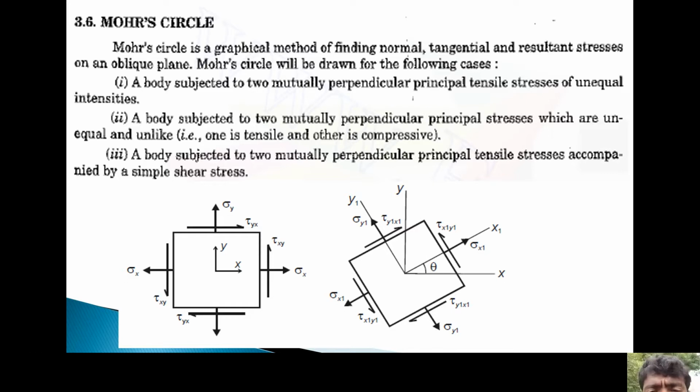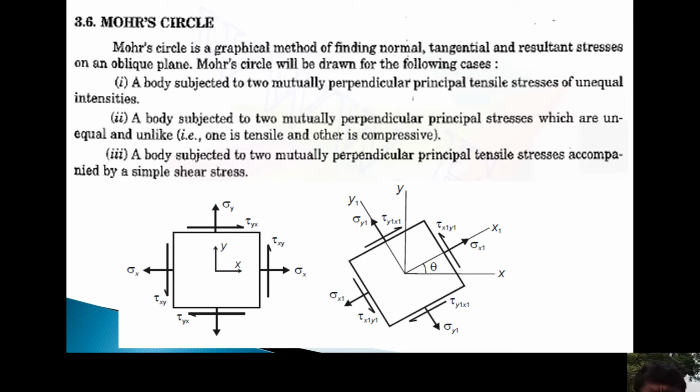Sigma x1 acts on the rightward and leftward sides, and sigma y1 acts on the upward and bottom sides. The shear stresses tau x1y1 and tau y1x1 act clockwise and anti-clockwise, as shown in the figure.